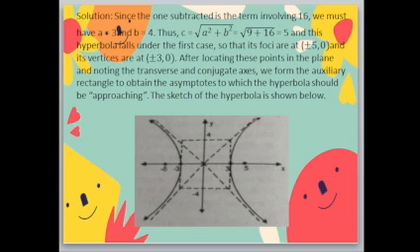The value of a squared there is 9 and the value of b squared there is 16. So the square root of 9 plus 16, which is 25, is 5. And this hyperbola falls under the first case, so its foci are at positive and negative 5, 0, and its vertices are at positive and negative 3, 0.